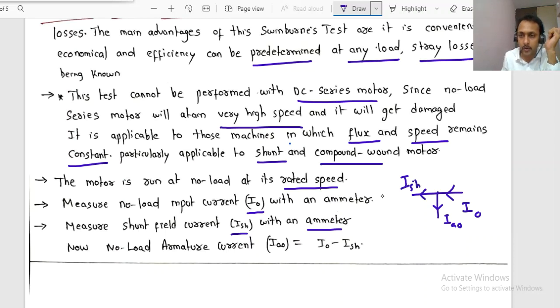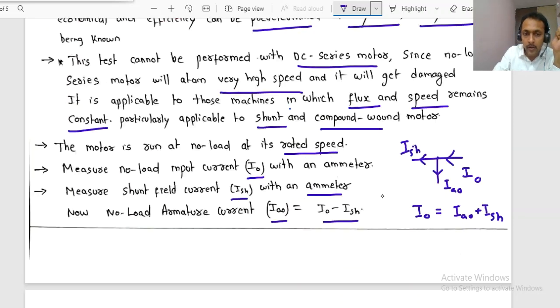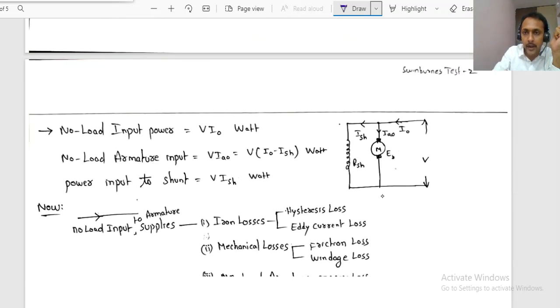Now if you observe, I naught equals IA naught plus ISH. From this basic, we can calculate the no load armature current IA naught equals I naught minus ISH. So from this formula, we have calculated the no load armature current.